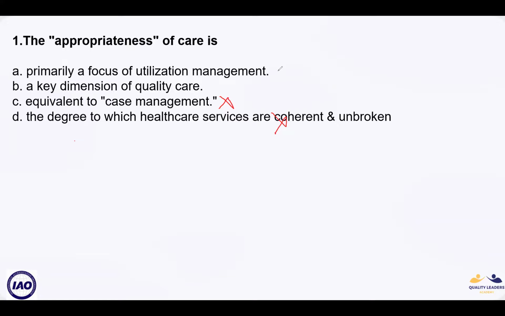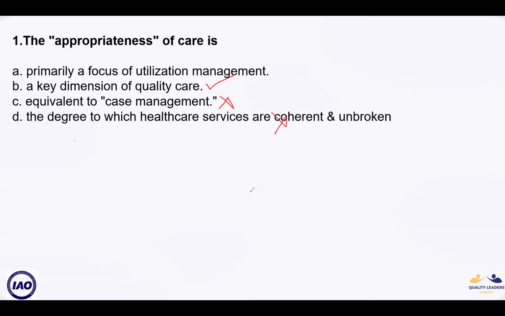Option A is a little narrow, and option B, a key dimension of quality, fits the question. This is one of the core dimensions of quality. So remember, appropriateness is a fundamental dimension of healthcare quality. It is defined as providing the right services that match evidence-based needs for that specific patient.